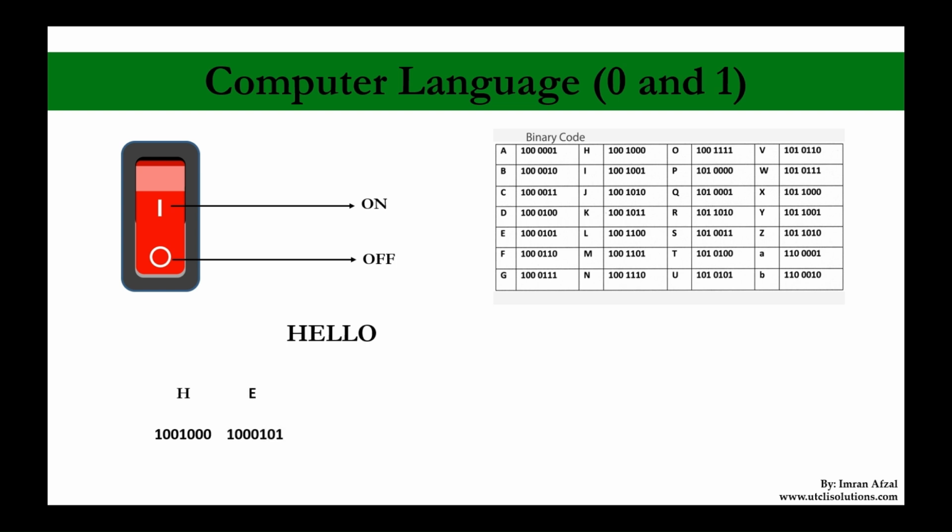Same thing, E translates to 1000101. L, L, and O is 1001111. So that's like a cheat sheet the computer has.